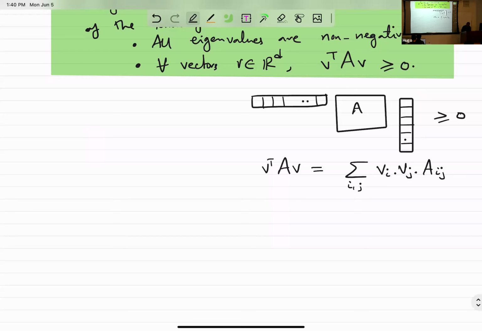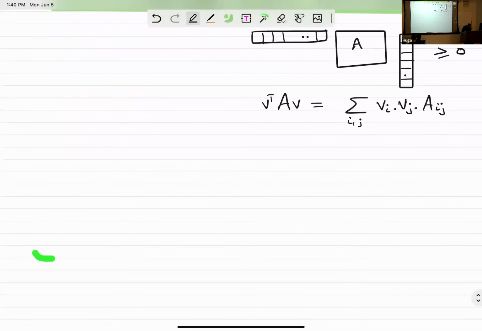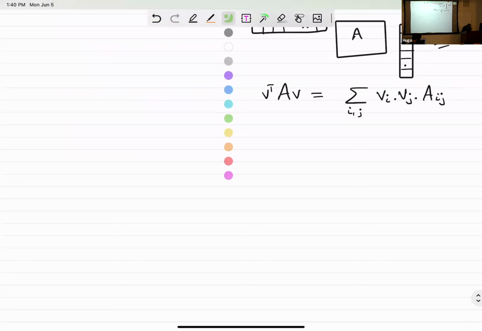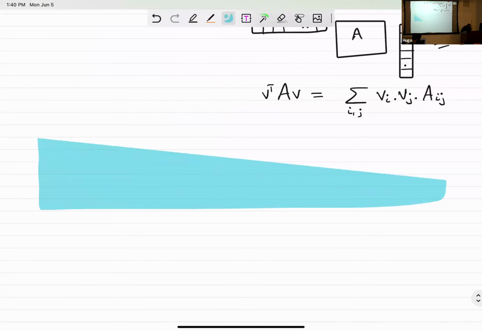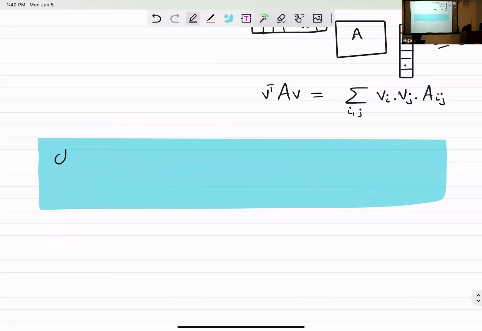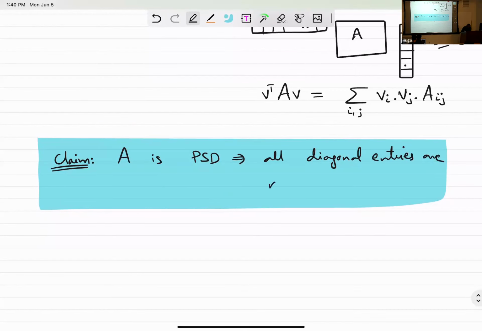Claim: A is PSD implies all diagonal entries are non-negative. Why? How can you prove this from PSD-ness?